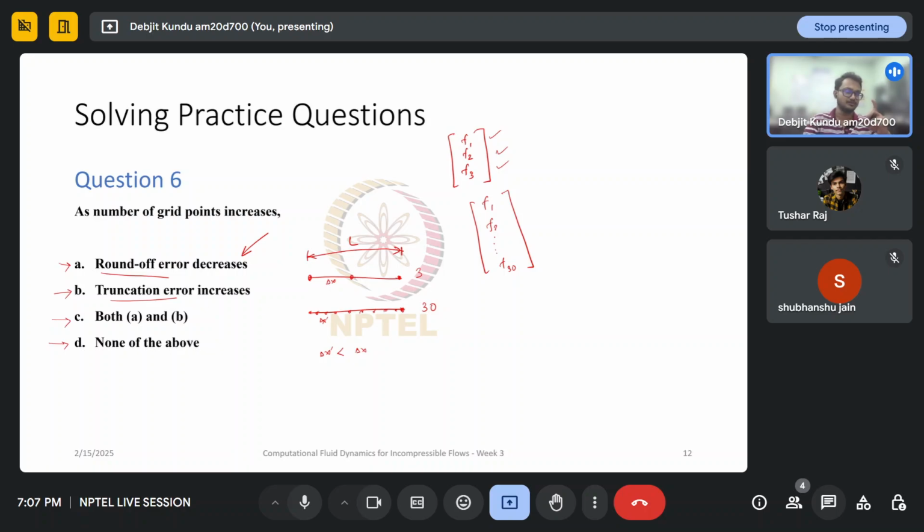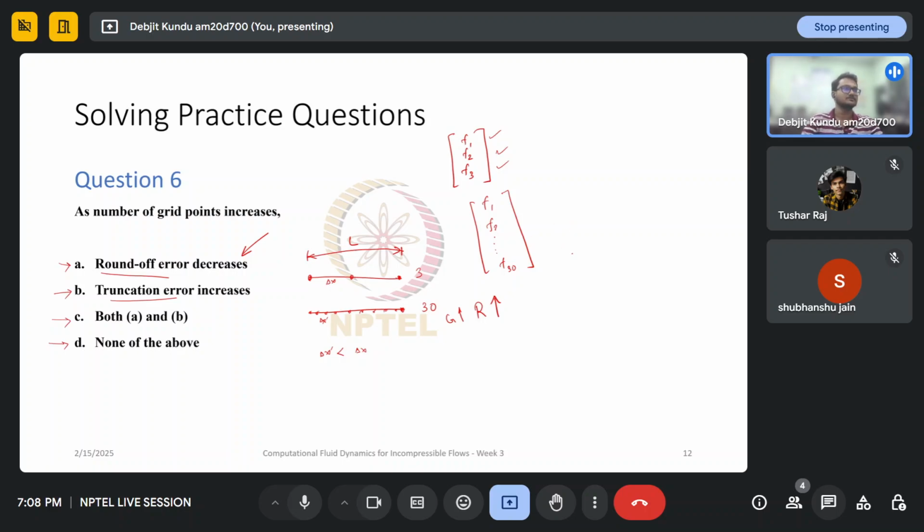Not the memory, the accuracy of the computer. Which is why in many cases when we increase the number of grid points, the round-off error increases. I'll call that G. So with G increasing, the round-off error increases. Sometimes proportionately, sometimes not so much.